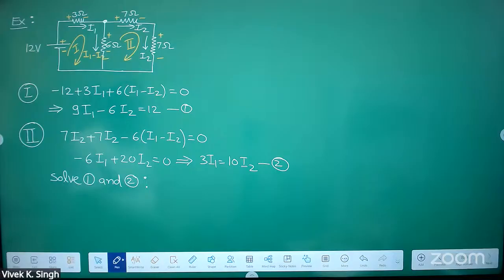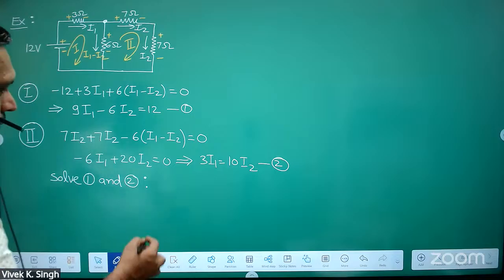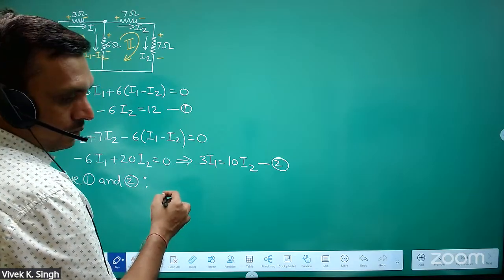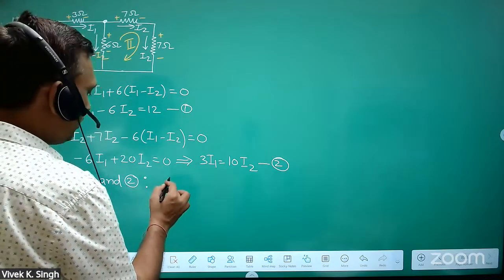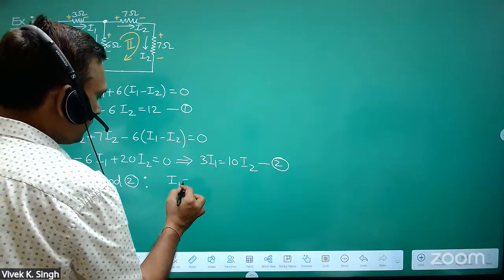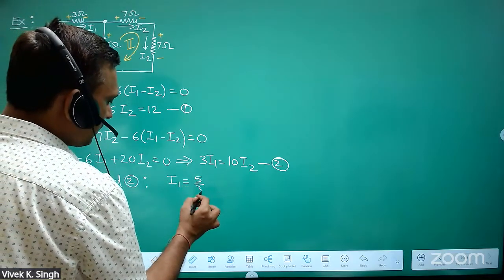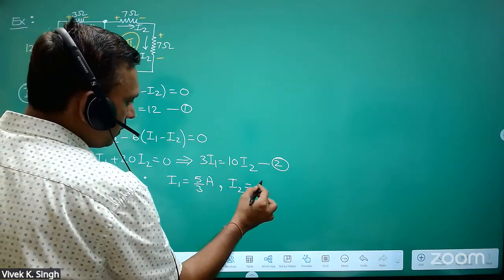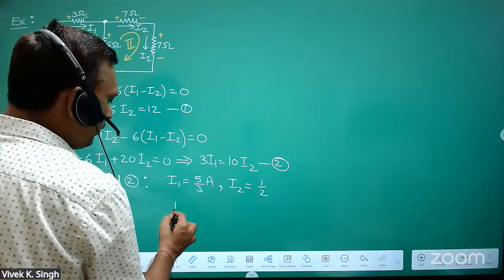So I1 is 5 by 3 ampere. Okay, 5 by 3. And what will be I2? 1 by 2. So what will be I1 minus I2?